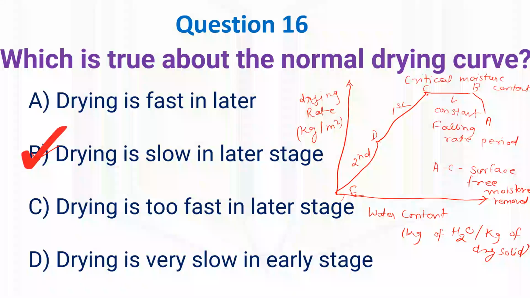And then the falling rate period is divided into two groups, that is C to D is the first falling rate period and D to E is the second falling rate period, where the bound moisture is removed. So it will take a longer time to dry because the moisture has to travel from the internal structure of the food to the surface, and then it will get dried. So this is the drying curve, and here our correct option is drying is slow in the later stages.